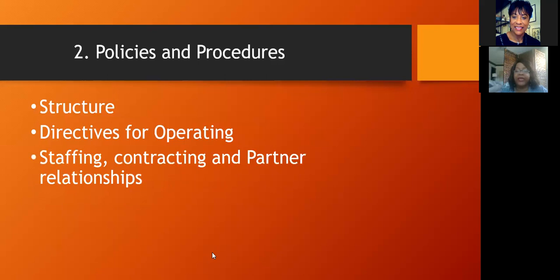Your next factor is looking at your staffing and contracting with your partners, and what that relationship looks like. And so again, we're looking at being inclusive. For your staffing, you want to make sure that this concept of being comprehensive and inclusive is clearly understood by your staff.